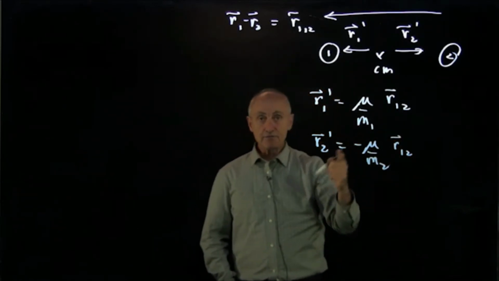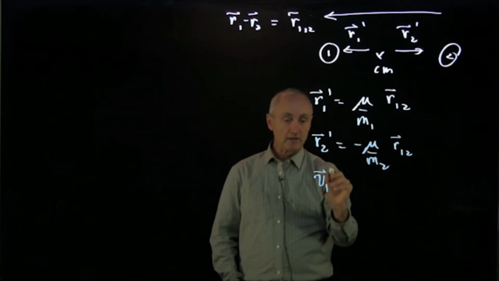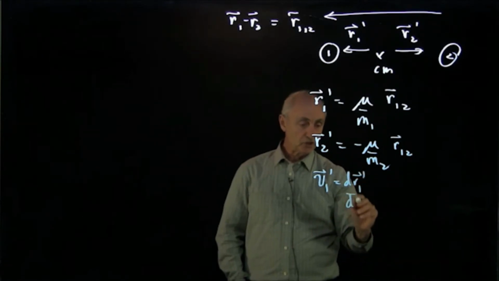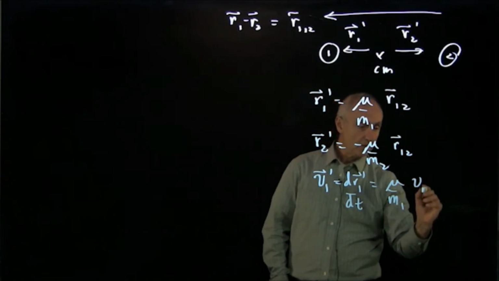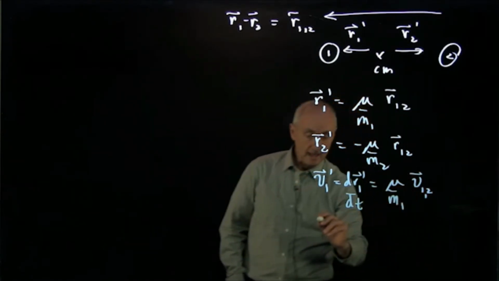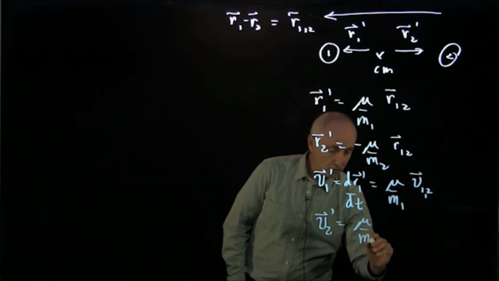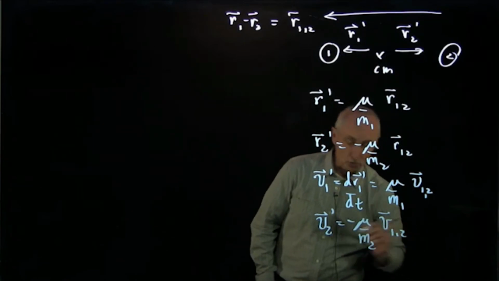Well, now we can differentiate the positions in the center of mass frame, and we find that v1 prime, which is of course the derivative of the position, is just mu over m1 times v12, and v2 prime is equal to mu over m2 with a minus sign times v12.